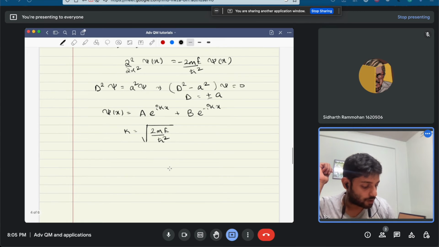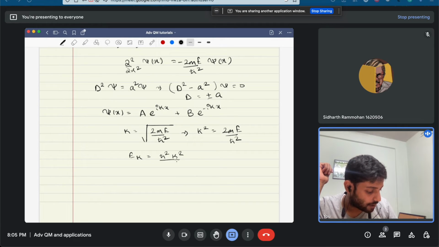Now you take the square of both sides. What you get is k square equals 2mE by h bar square, and taking all the coefficients of E towards the right side, you get E of k equal to h bar square k square by 2m. And this is the dispersion relation.